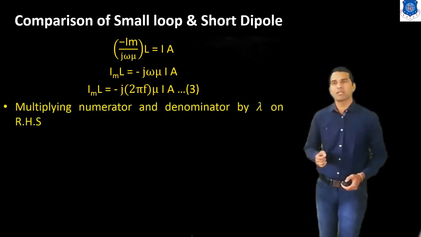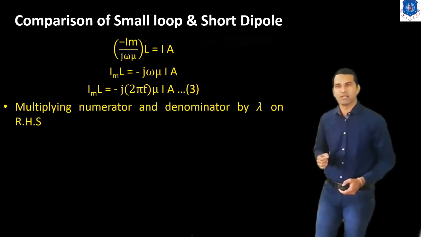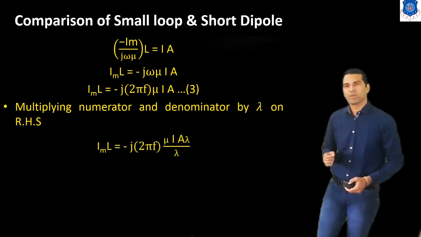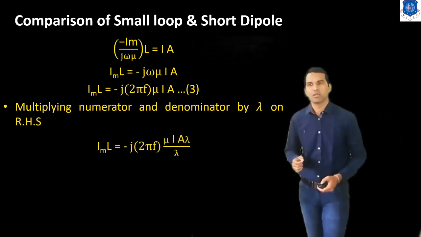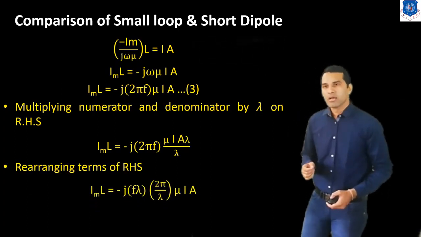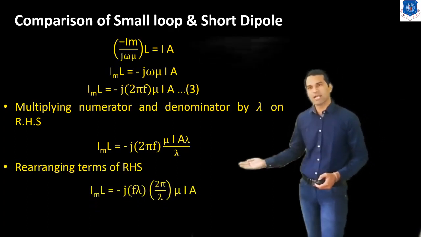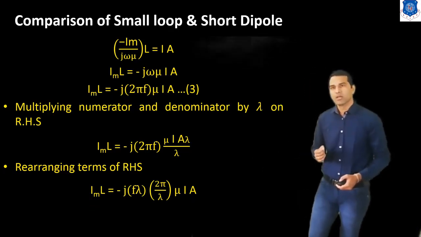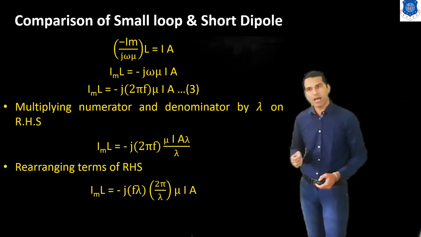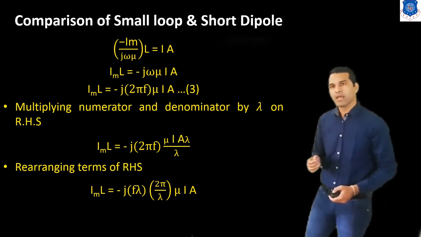Now we multiply the numerator and the denominator by lambda on the right hand side. Rearranging the terms, we can write Im into L is equal to minus j 2 pi, f into lambda, mu I A, all upon lambda.